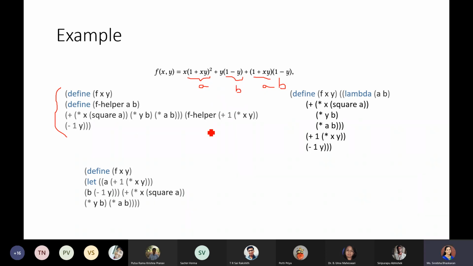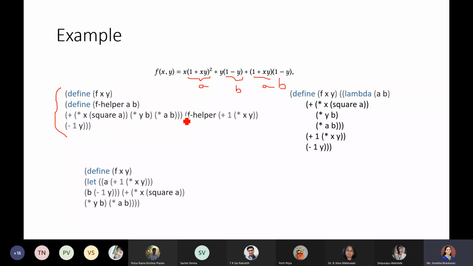As the body of this expression, I will have x a square, multiplication of x a square, then the next expression is yb, multiplication of yb. After that we have ab. All three things are getting added, so plus first expression, second expression, third expression. We have closed this portion.